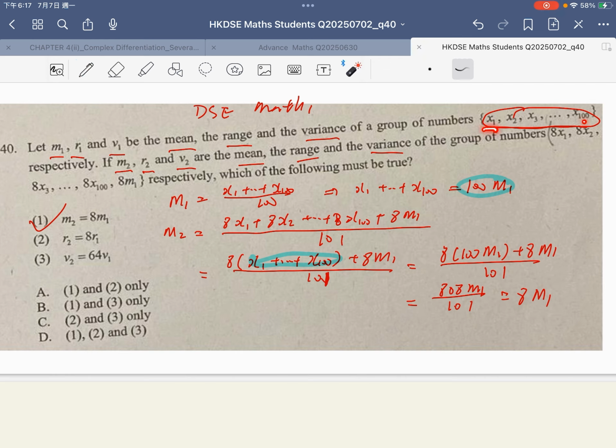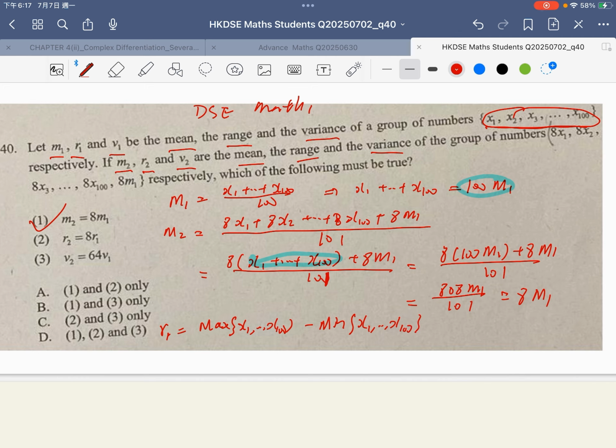For the data x1 to x100, the maximum minus the minimum is equal to the range. Therefore, R1 is equal to the maximum of x1 to x100 minus the minimum of this set.